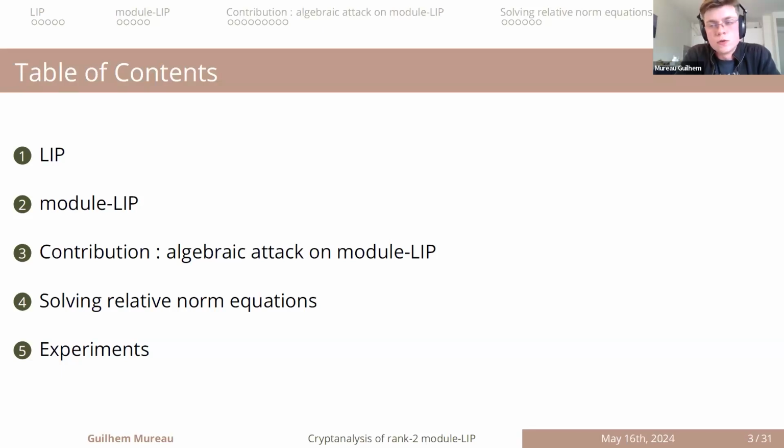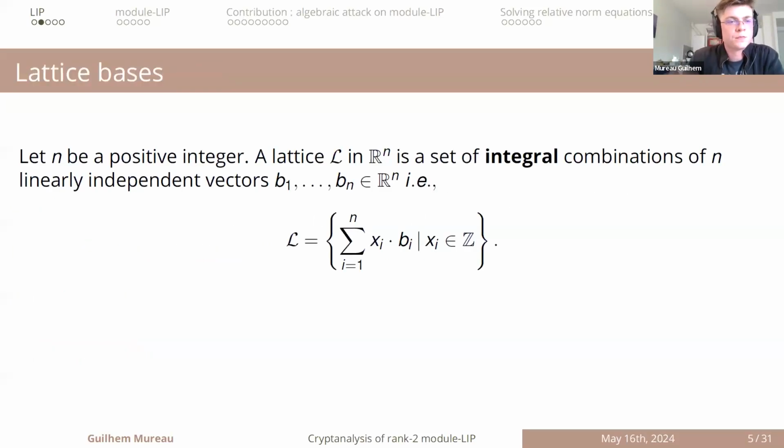The main point in the algorithm is to interpret the problem as solving norm equations, which is a classical problem. I will present in more detail how we can do that in the fourth part. And finally, some results. So let's get started.